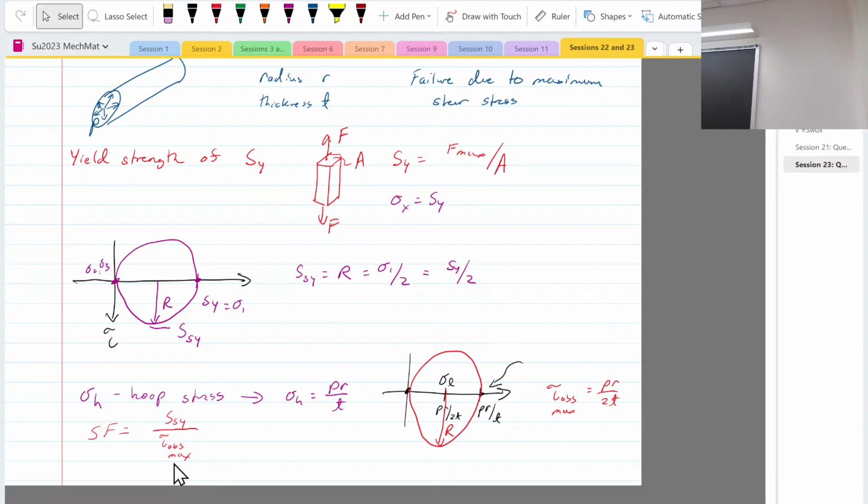If you know the normal stresses, how do you get the factor? Is it something like 5 or 2?